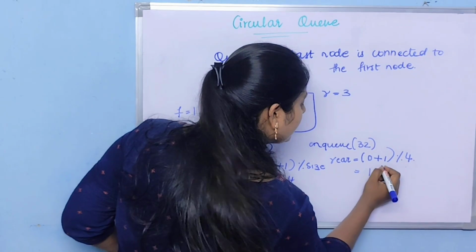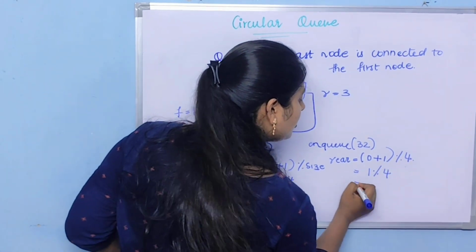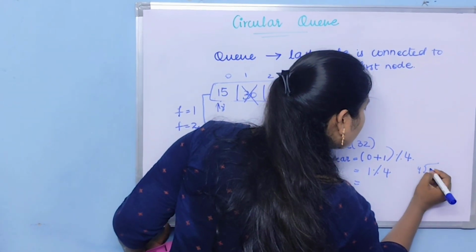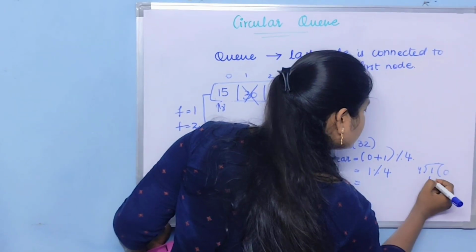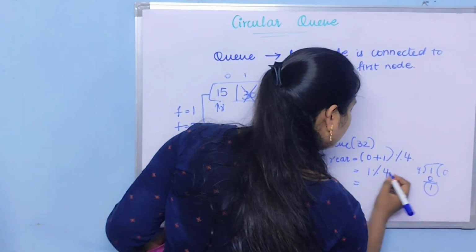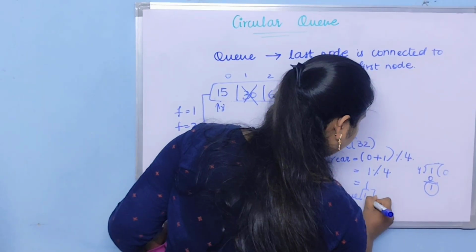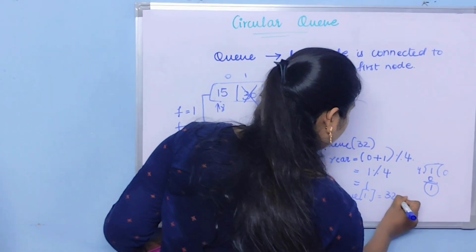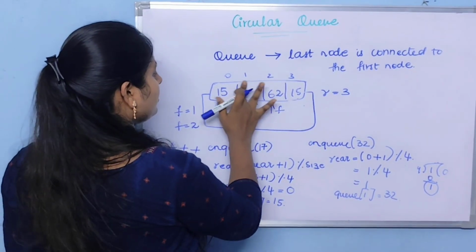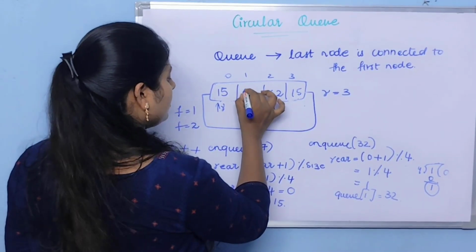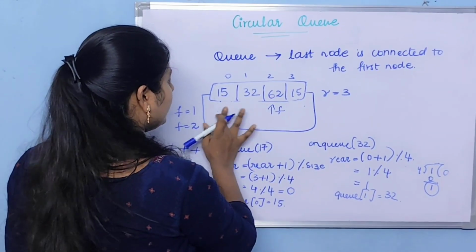Now it becomes mod 4. So what happens? 4 zeros are 0. Remainder is 1. So the new element will be stored at 1's location. So my rear is updated to 1.